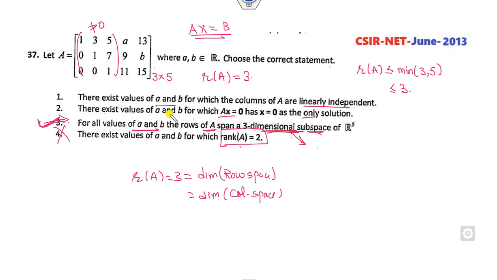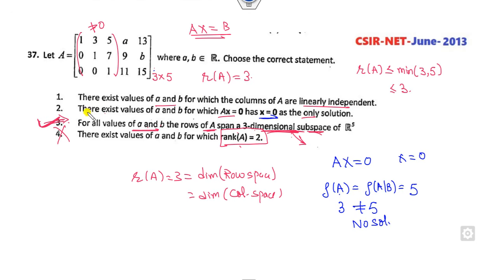There exists a value of A and B such that Ax is equal to 0 has x is equal to 0 as the solution. When will it have a solution? The rank should equal the number of column vectors, which is 5, but this is 3, not equal to 5, so it has no solution, but he said it's a solution, so it's cancelled out.